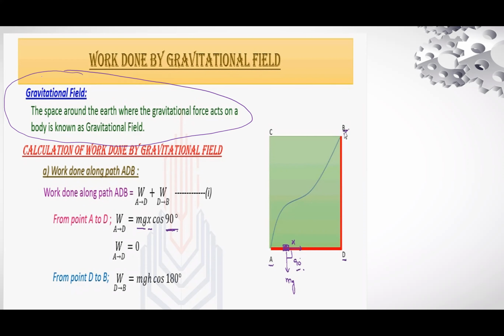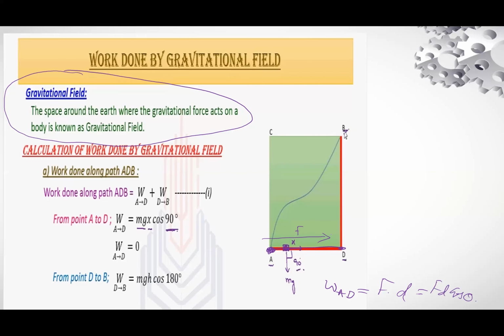First, if you are moving from point A to point D, work will be W_AD, which is equal to the force during that journey times the displacement covered during that journey. Let's say the displacement is d. So work done is equal to F d cos theta.